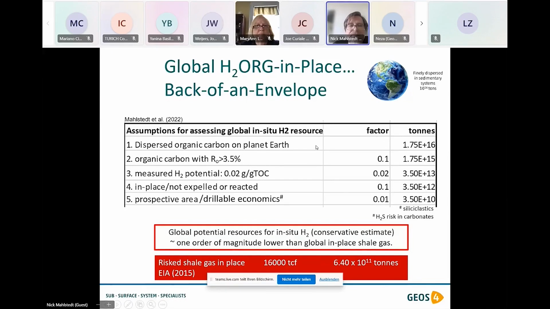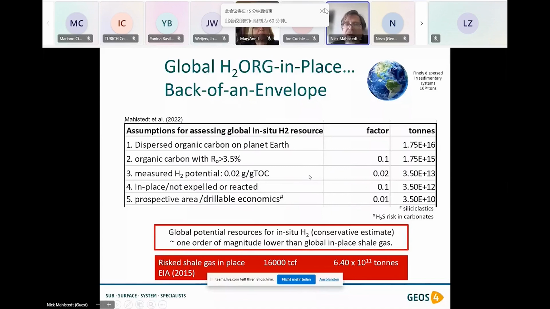The assumptions were pretty similar: the same amount of dispersed organic carbon, but the organic carbon had to be a little bit more mature. And the measured hydrogen potential was 20 milligram per gram TOC, or a factor of 0.02. And we assumed that only 10% remains in place and is not expelled or reacted to form other products.